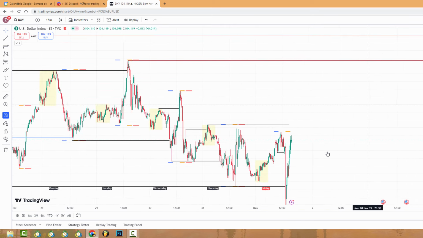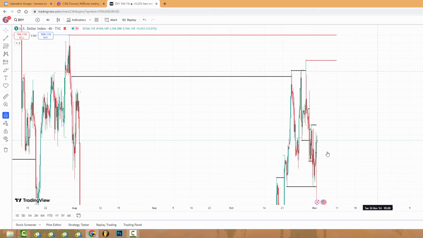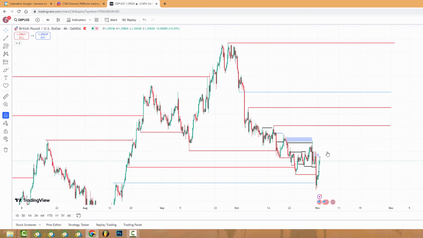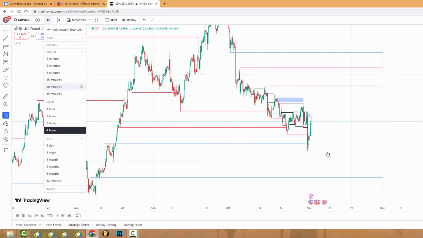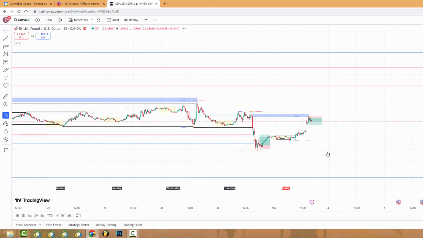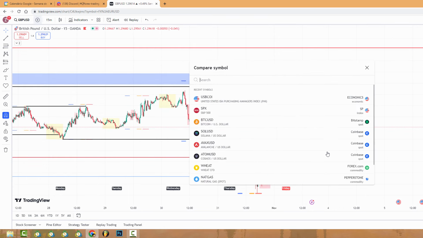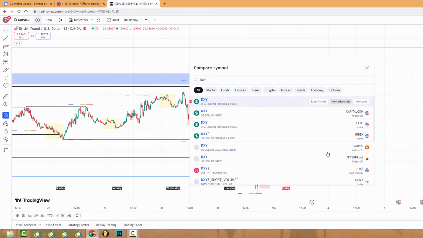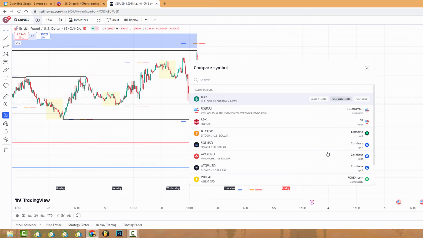So here, I'll just show you. You can see DXY has been bullish, and if you have not been living under a rock on the trading aspect, you'll know GU and EU are completely bearish. I think I can edit here. Let's see. DXY. I don't know if I should do the same percentage or the new price scale.